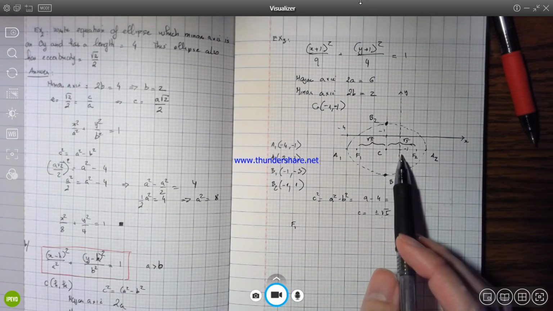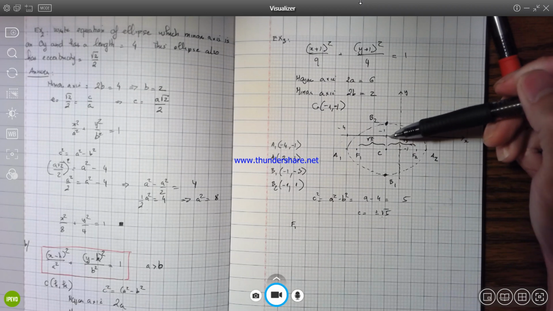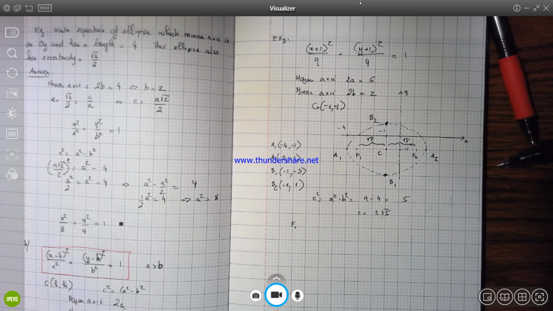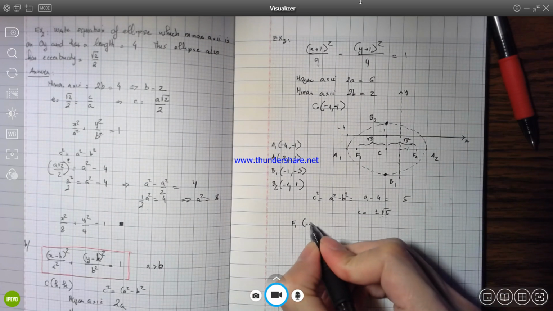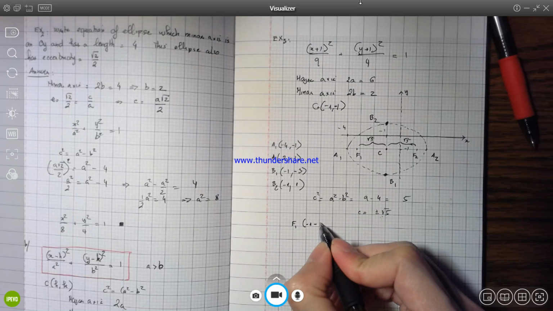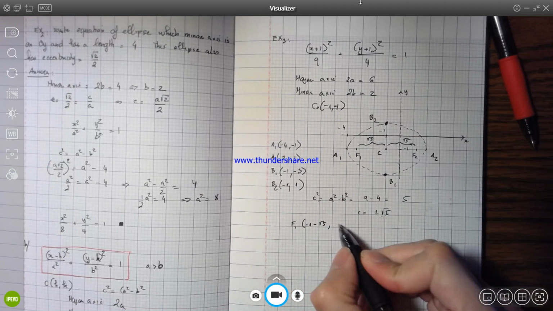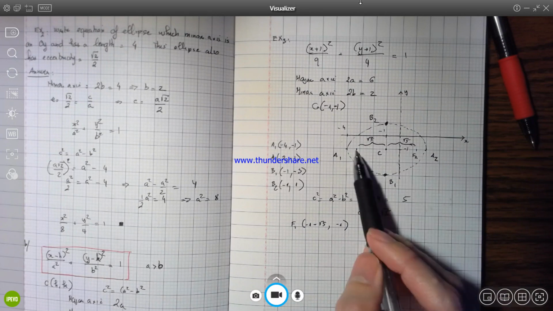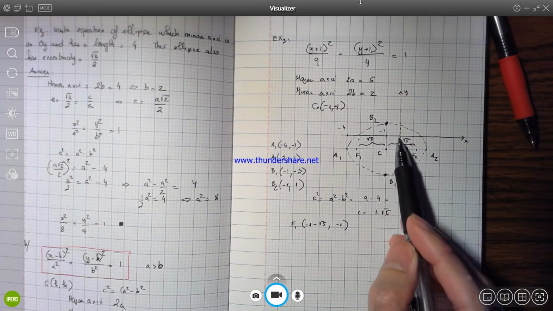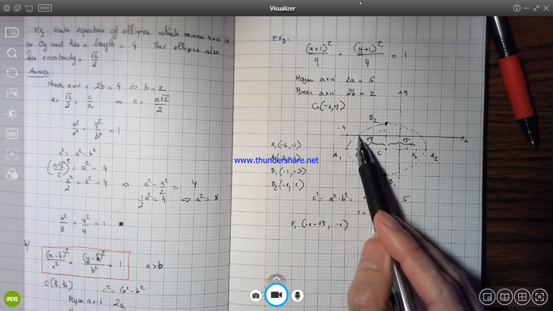The coordinate will be negative 1 minus square root of 5, comma, negative 1. Because the y component over here will be negative 1, but the x component will be negative 1 and another negative square root of 5.